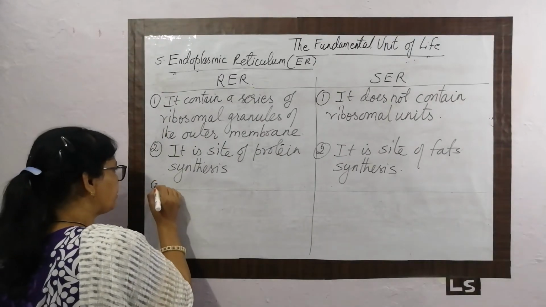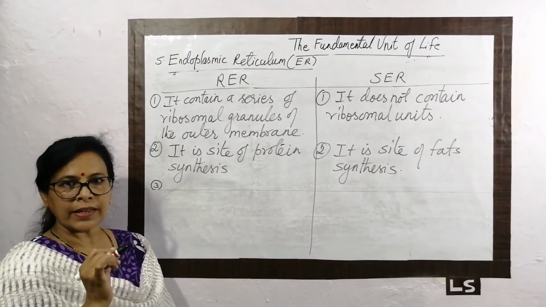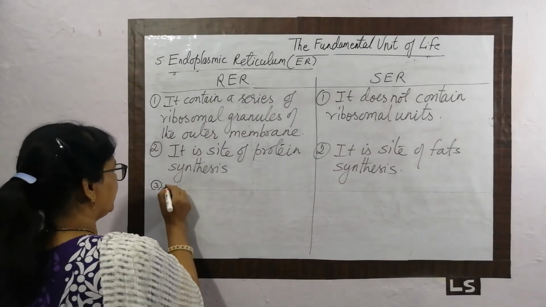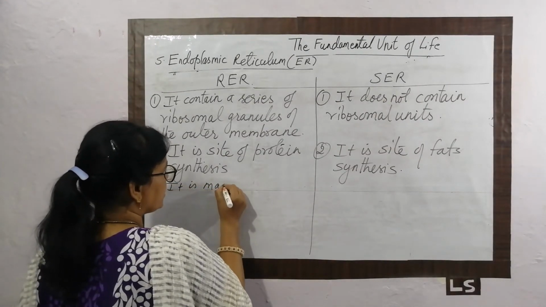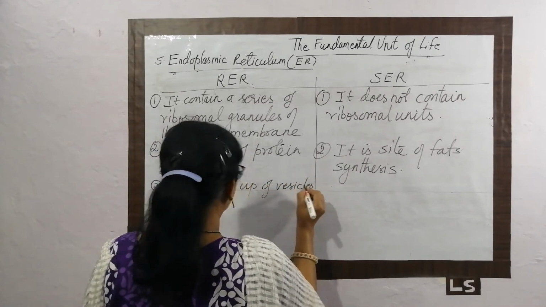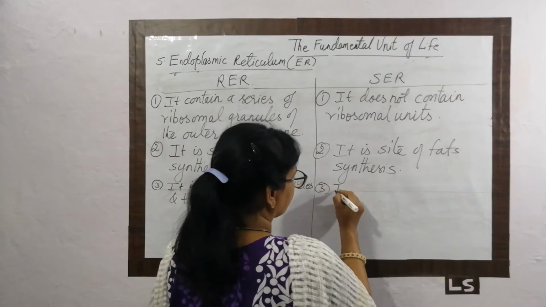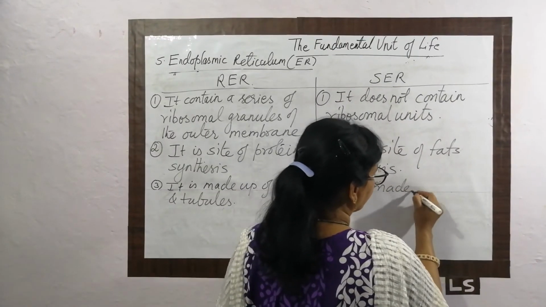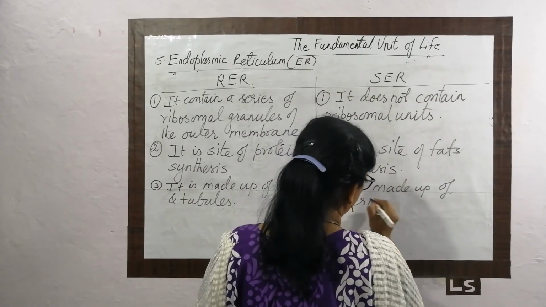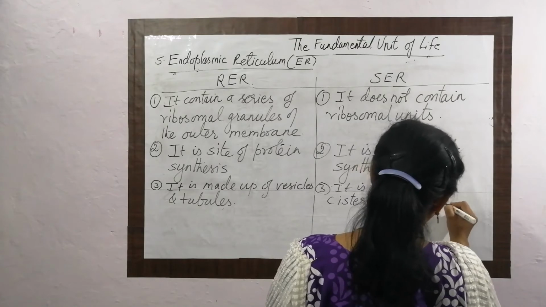Now third, what is the difference between these two? The rough endoplasmic reticulum is made up of vesicles and tubules, whereas the smooth endoplasmic reticulum is made up of cisternae and some tubules.